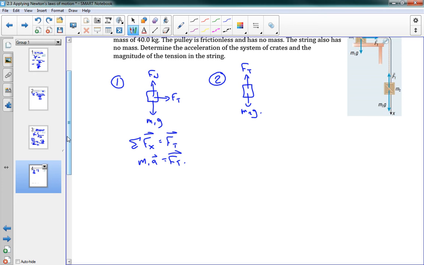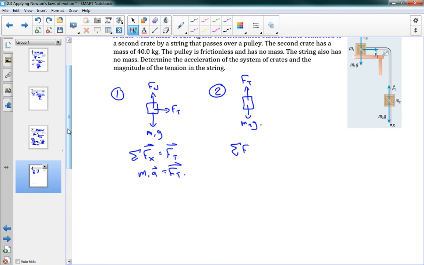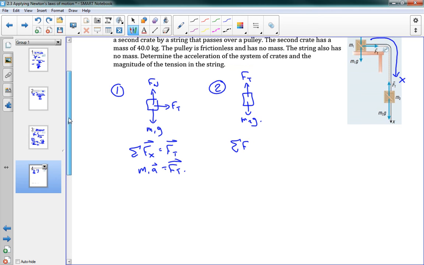So now I'm going to set this guy up here. We can say that the net Y force, well, I'm just going to do a funny thing, and I'm going to say that X is the direction along the string. Okay, X is this direction. So X sort of bends at that pulley, and that's a funny thing that pulleys do, is they can change our coordinate system.